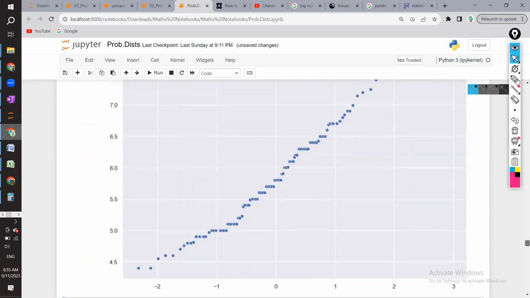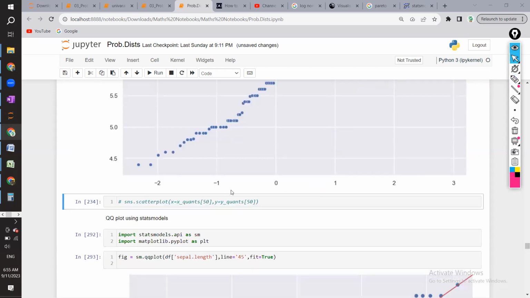So what it is doing is comparing. On the x-axis we are taking a normal distribution, and on the y-axis we are taking a test distribution. Can you see the graphs? This is -2 to 0, 1, 2, 3.